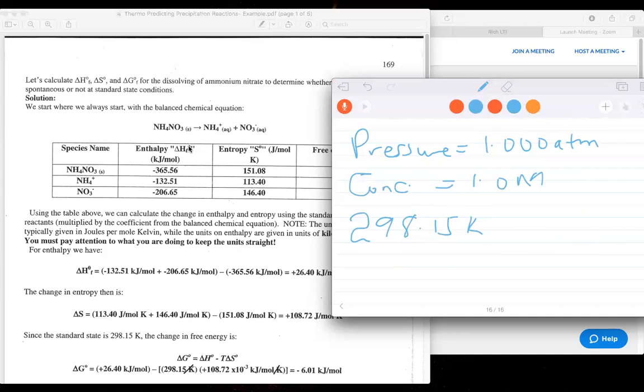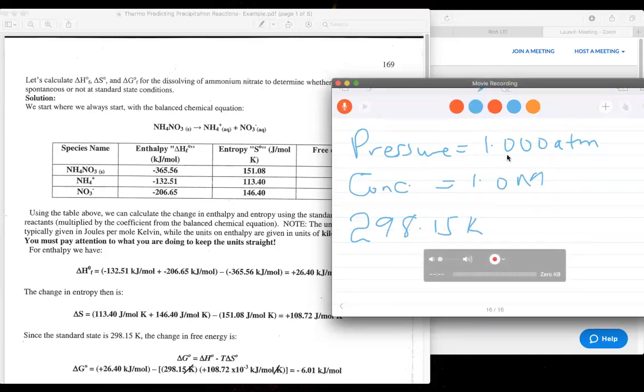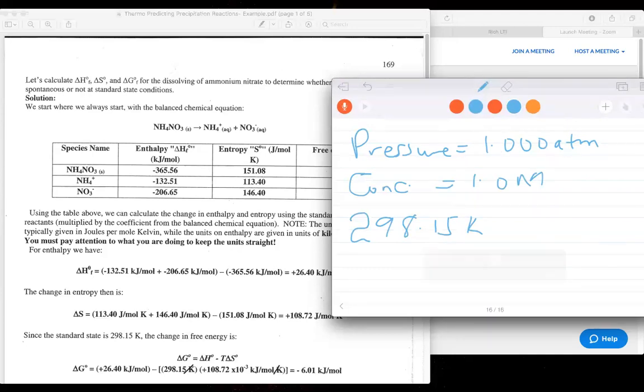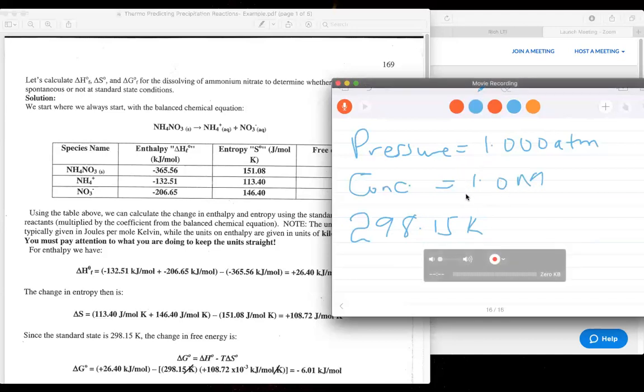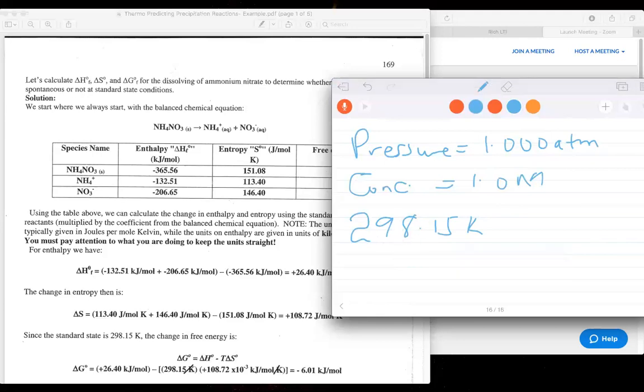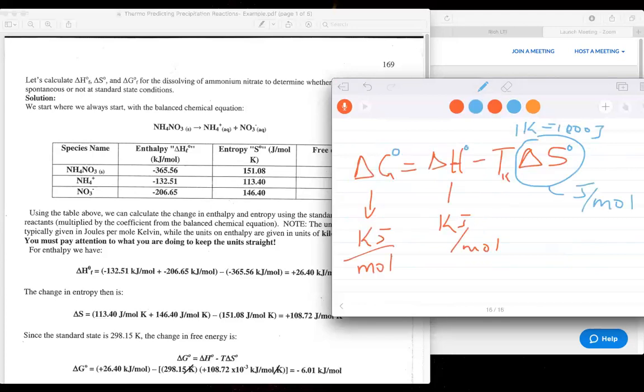If we can adjust the lab pressure to be 1.00 atmospheric pressure or 760 millimeters of mercury, and we have a solution whose concentration is 1 molar, and set the temperature to 298.15, we say that the condition is at standard state. So if we are working with standard state, you should know what that means. The temperature should be 298, all right?